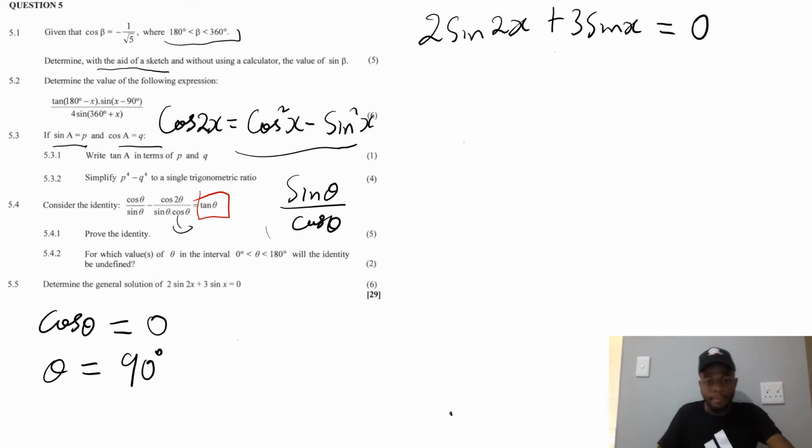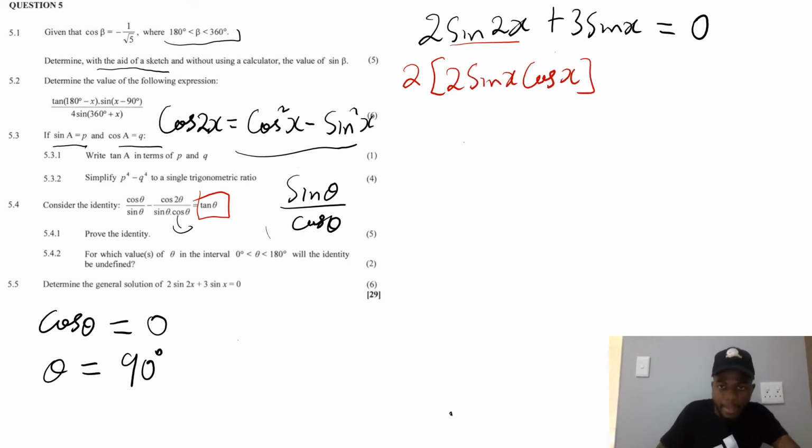All right, so here we are having a double angle identity. This one, sine 2x, we need to change it to 2 sine x multiplied by cos x. I hope you all know the double angle identity by now, because we're doing a revision, we're not starting something from the beginning.